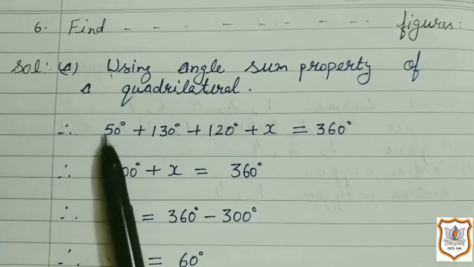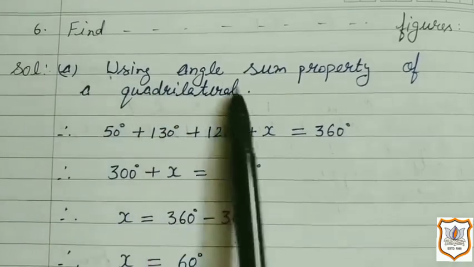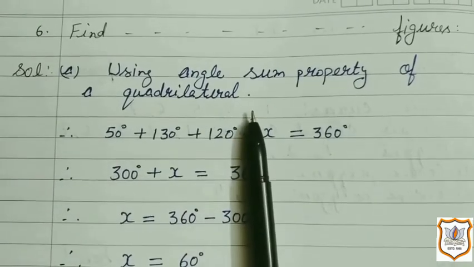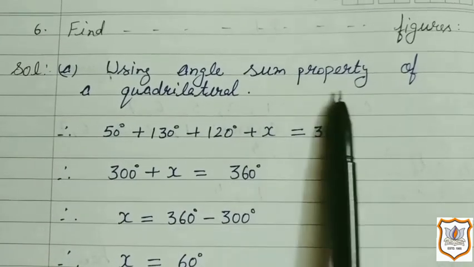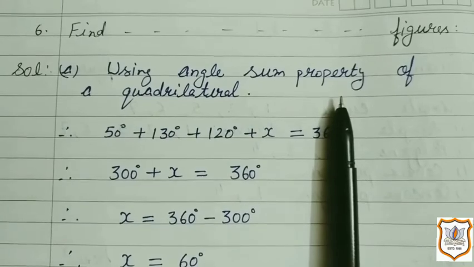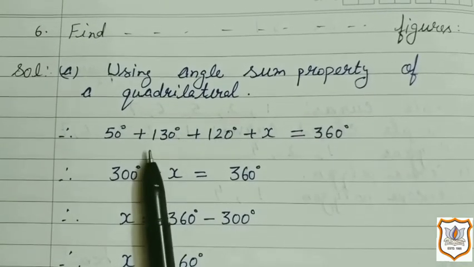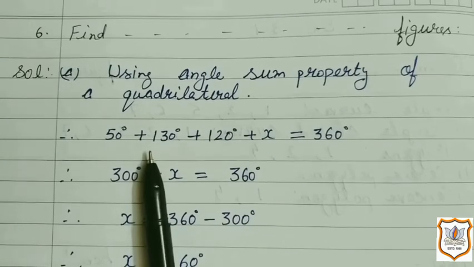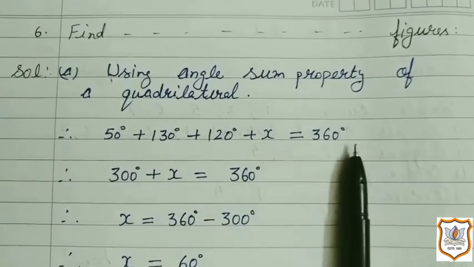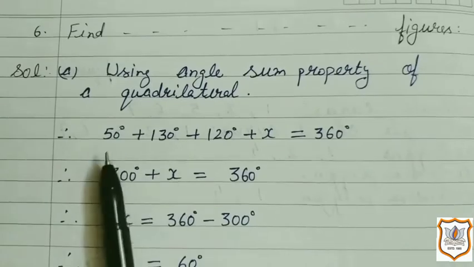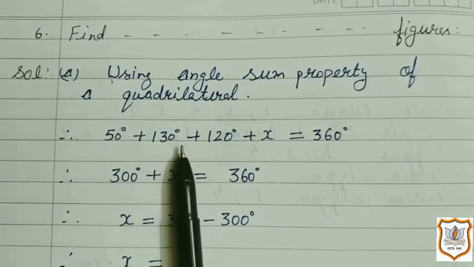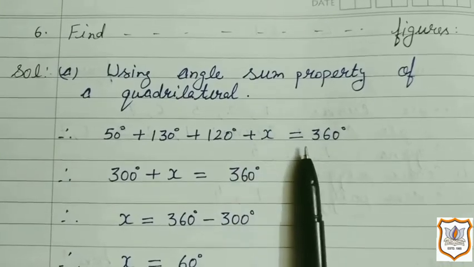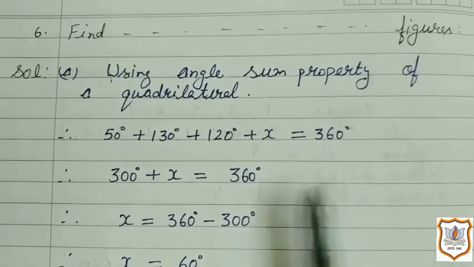Students, look at the solution. Using angle sum property of a quadrilateral. So, what is the angle sum property? The sum of measure of all 4 angles of a quadrilateral is 360. So, we write 50 degree plus 130 degree plus 120 degree plus x is equal to 360 degree.